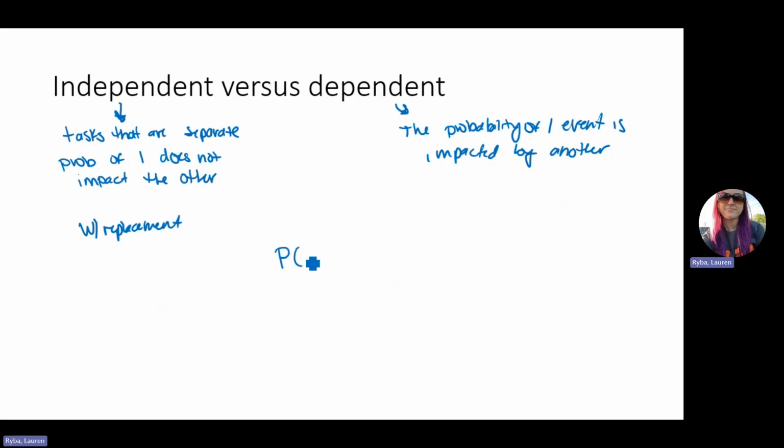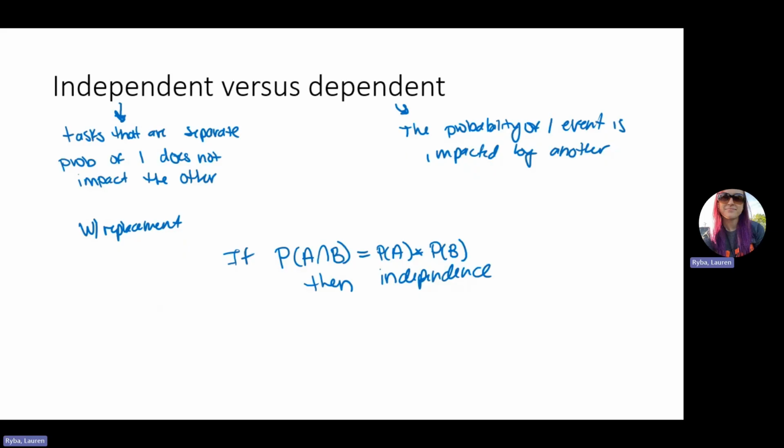If the probability of A intersect B is equal to the probability of A times the probability of B, so if this creates a true statement, then I can claim independence.